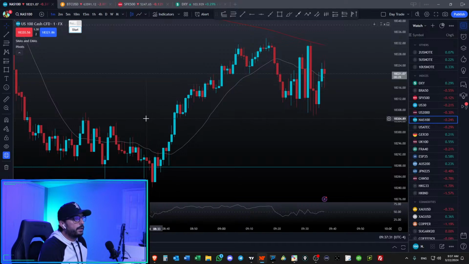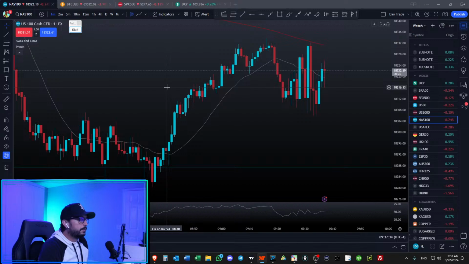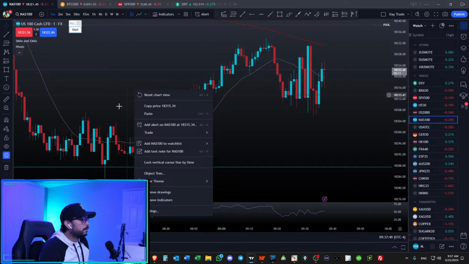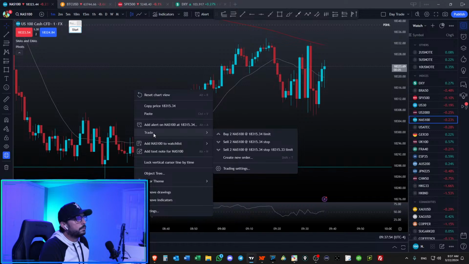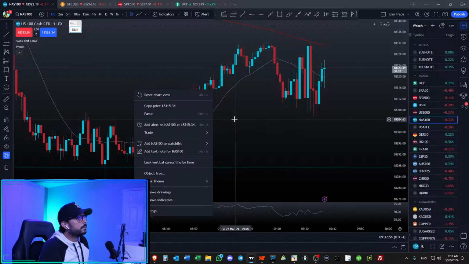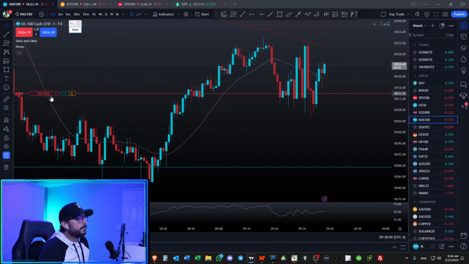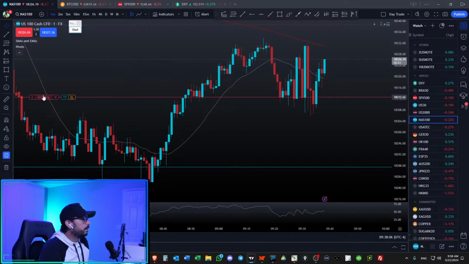Wait for the close of this candle to see. Still bearish. Ideal here.